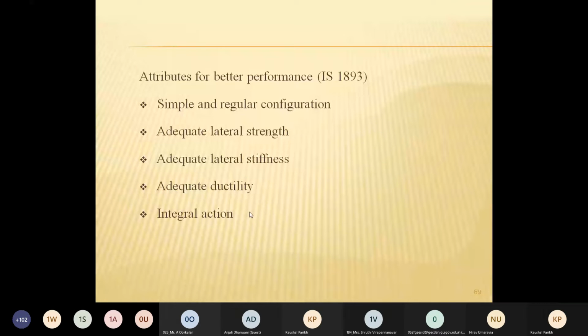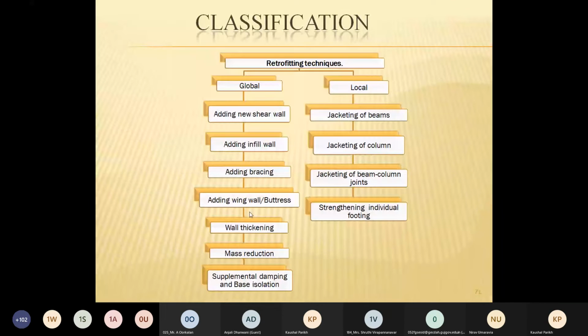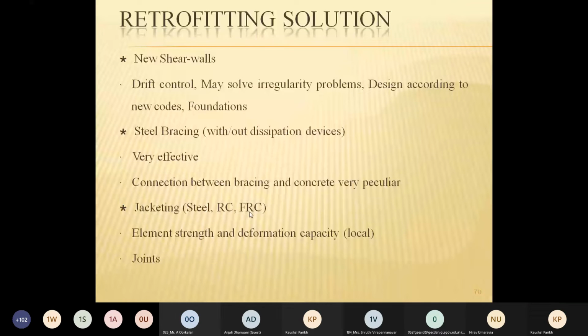Now, there are certain basic solutions which can be listed in detail, but they are majorly divided into three types. The first is the application of a new shear wall in the existing structure to carry out drift control, to solve irregularity issues, and to satisfy the new code provisions.